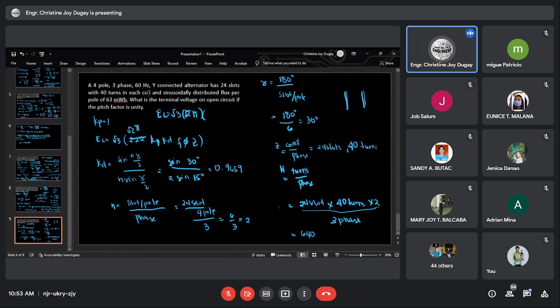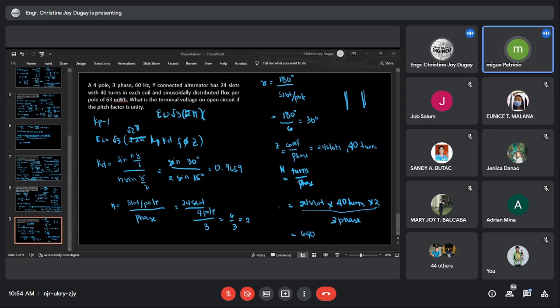Ang target natin, ang N natin is turns per phase. Wala na siyang ibang description, di ba, kung ilan ang turns niya sa isang coil. Ma'am, in each slot po ba may isang coil? Sa slot natin, meron tayong coil. Tapos, ang sabi niya, ang coil na yan, 40 turns meron tayong 40 turns, di ba?